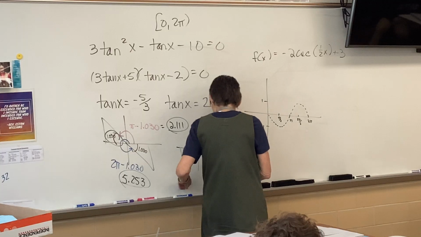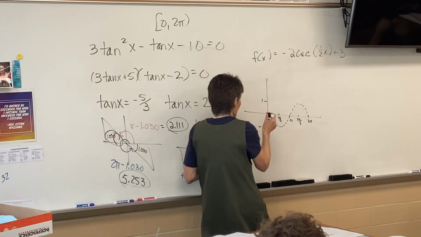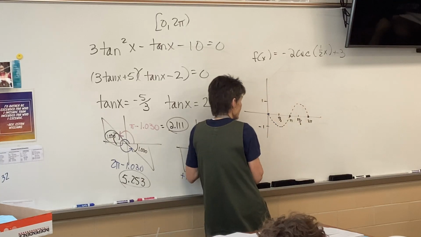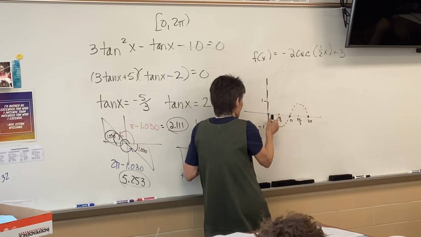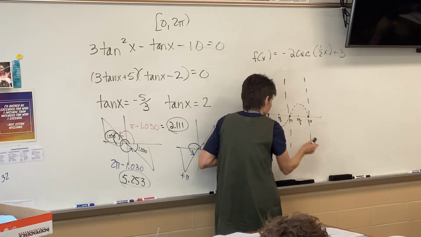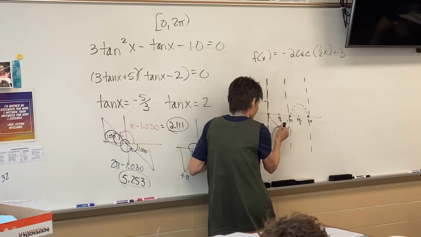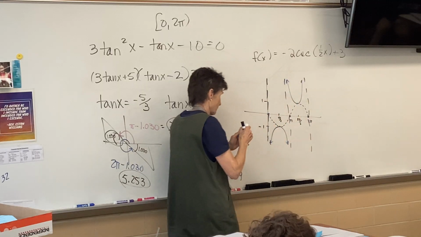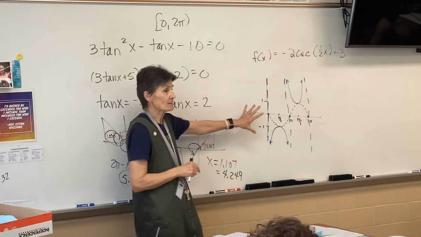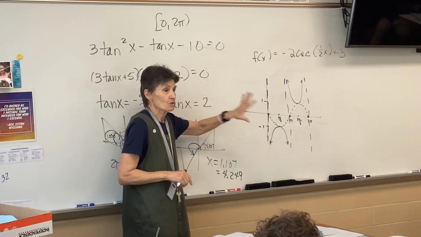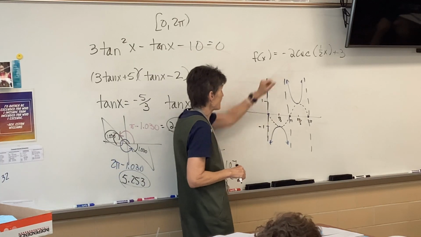When I do a cosecant, I have to take the reciprocal of that. So every time the sine is 0, I have an asymptote. And then I flip the curve. Now that is a normal cosecant. So, I've already flipped it upside down.